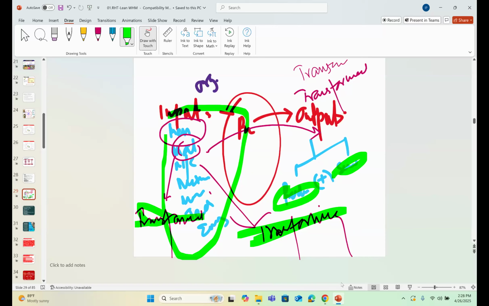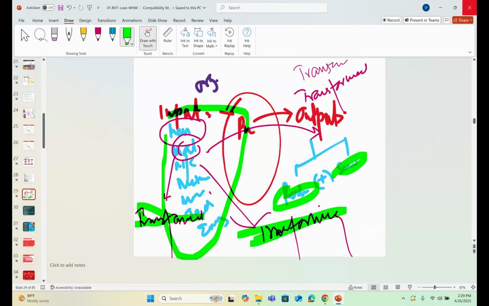On the other side, the output, there are two types of outputs: intangible outputs and tangible outputs, or we can say products and services. Products are generally tangible, services generally intangible. Now, can somebody tell me why in this particular case it is intangible?